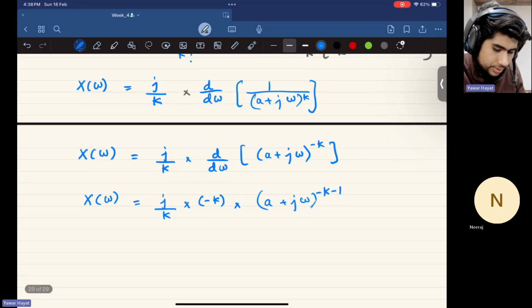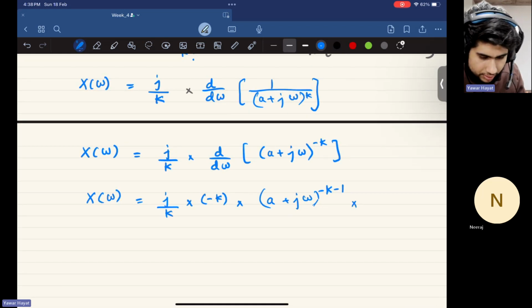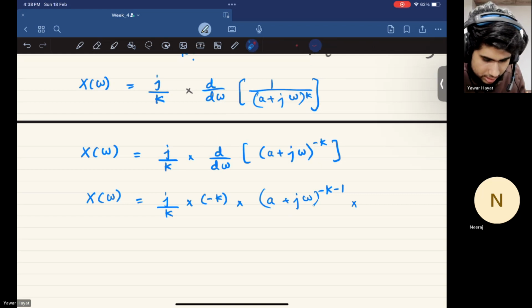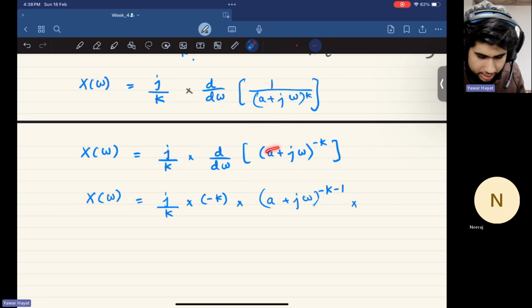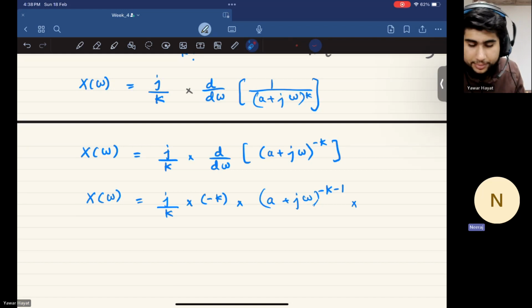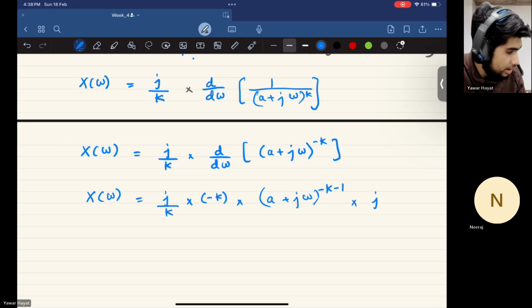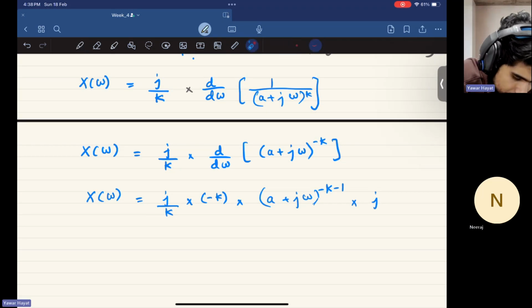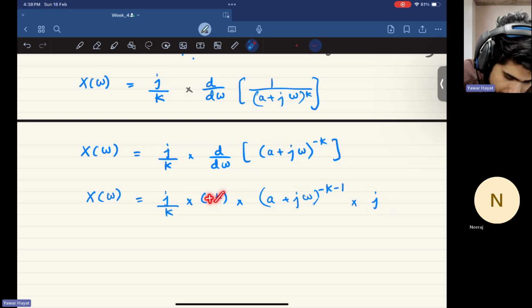Okay, so I'll still have something, right? What about the differentiation of this? Am I missing something? I should take the differentiation of this as well, right, with respect to omega. What would that be? Plus j only. Now this j and j is j square. j square is minus 1. That minus 1 and this k would go.